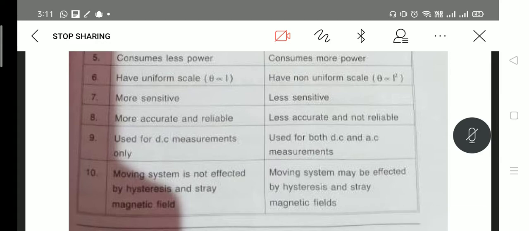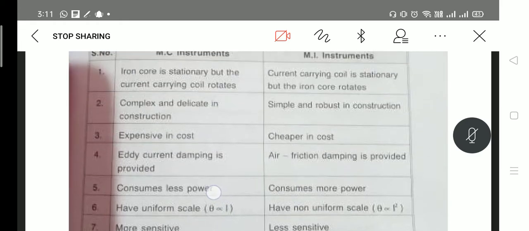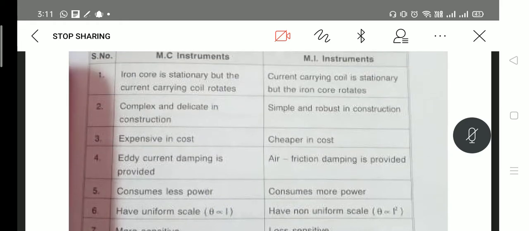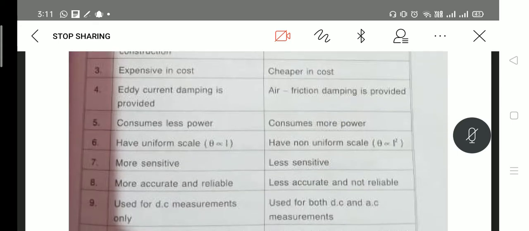These are the main differences between MC and MI instruments. Okay, it is clear. Already we discussed all those things.